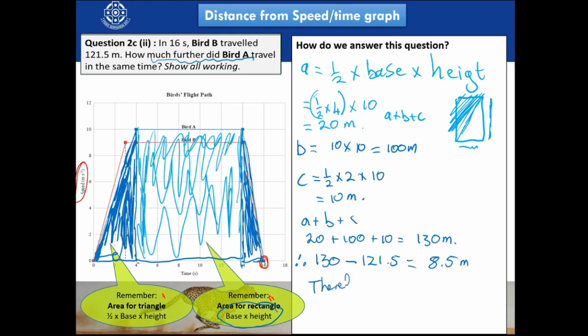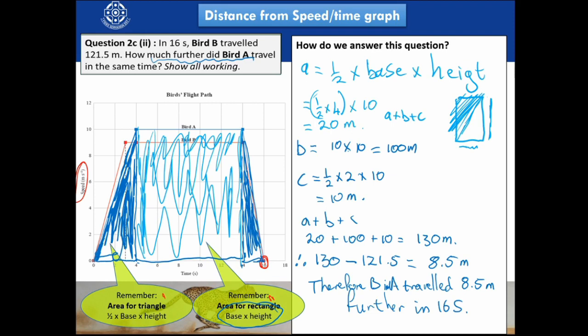Therefore, bird A traveled 8.5 meters further in 16 seconds. Okay, it's not that complicated, it's just a few steps that you need to remember.